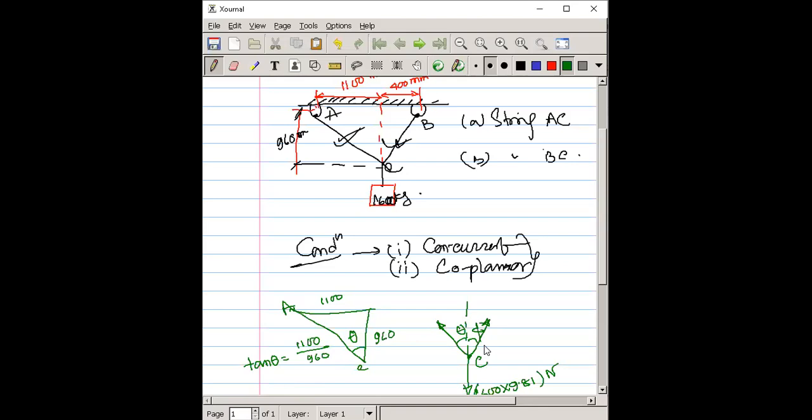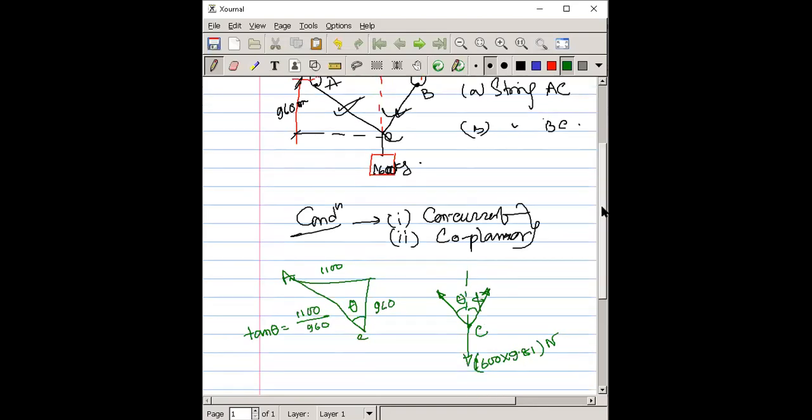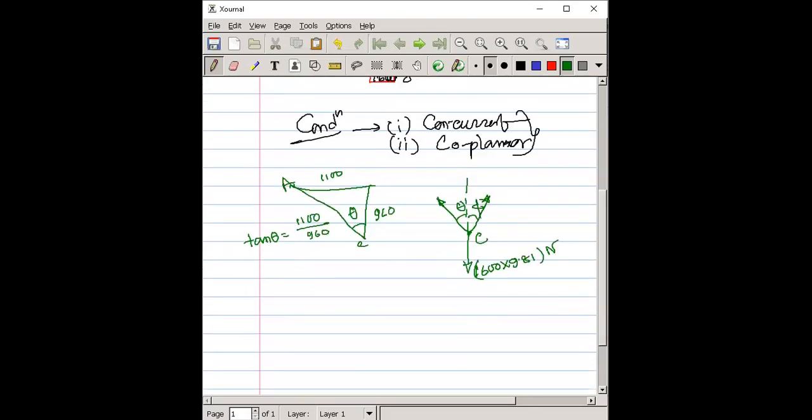And this one, if we consider phi, then how much will we get for that? This is phi, this is 400, this is 960.